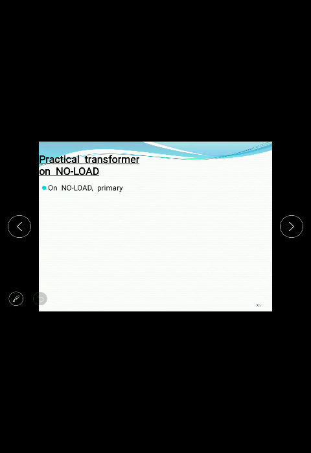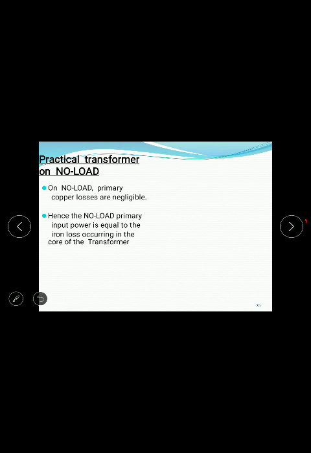On no load, the primary copper losses are negligible. Hence, the no load primary input power is equal to the iron losses occurring in the core of the transformer.